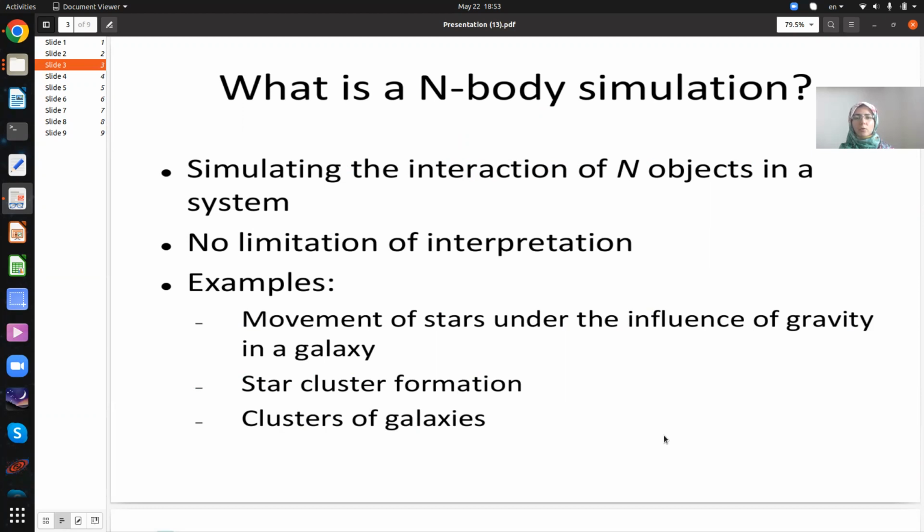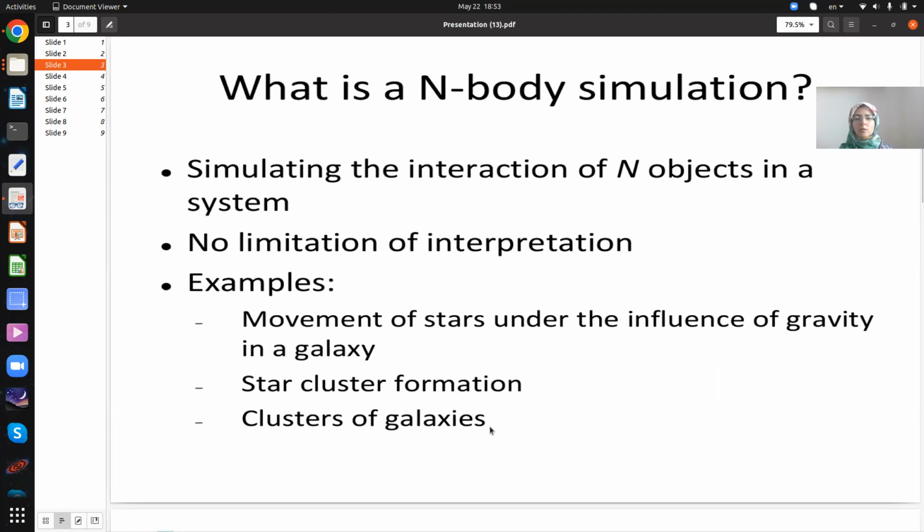We can say, for example, for n-body, if 2 or 3 or 4 or many, or n bodies or n stars go their ways and suddenly they see each other and their gravitation attracts each other and they capture each other and they form, for example, a binary star system, or 3 or 4, we call it n-body, and it has no limitation of interpretation.